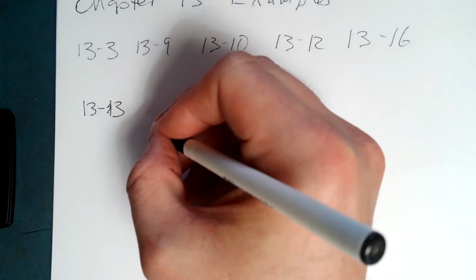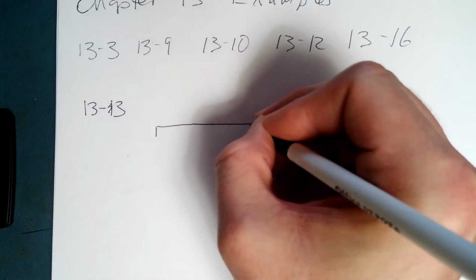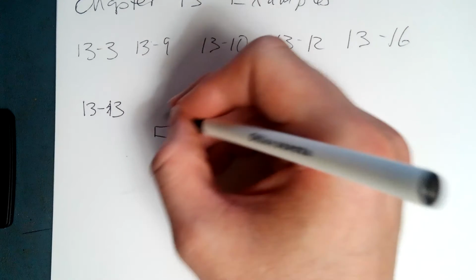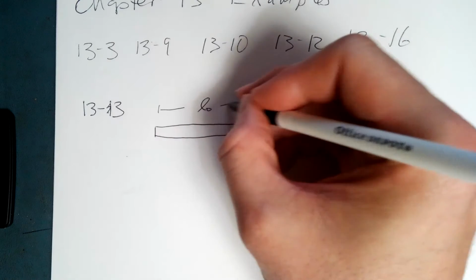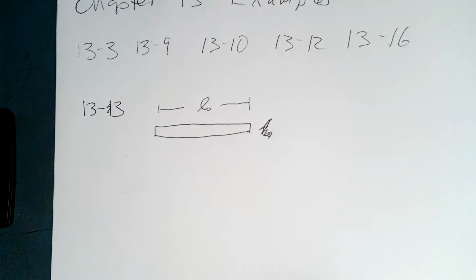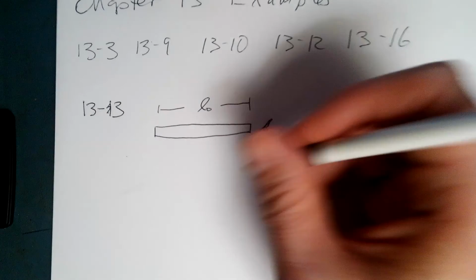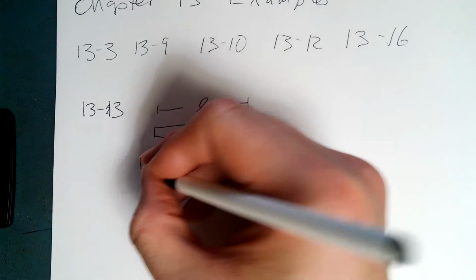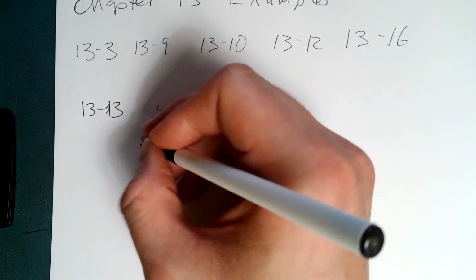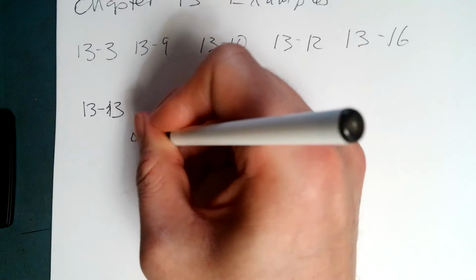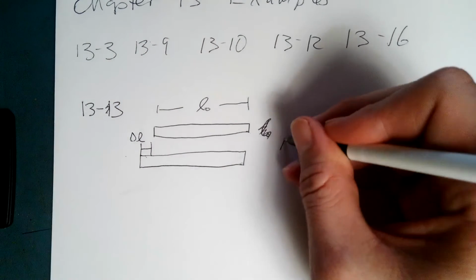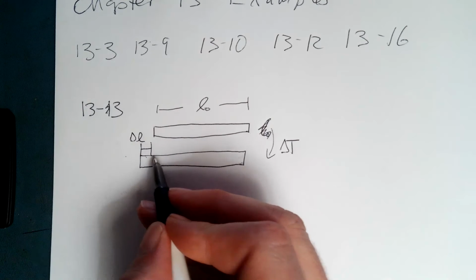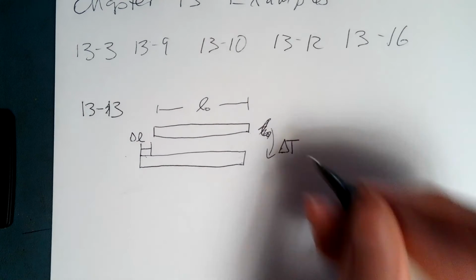So basically, you always have this set up where you have some object, usually it's a bridge, where you have some initial length, L naught, and it's going to undergo a temperature change between two positions here, and it's going to grow, and this little section here is delta L, the change in the length. And you have a delta T between the two positions. It can grow or it can shrink, depending on if delta T is positive or negative.